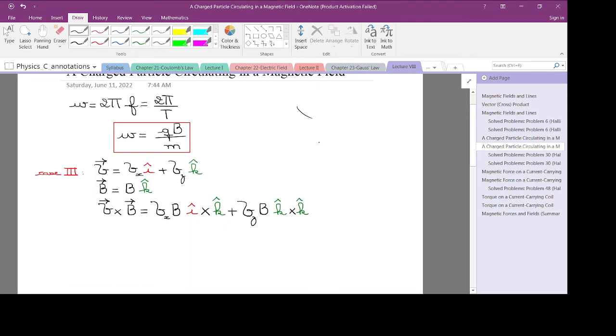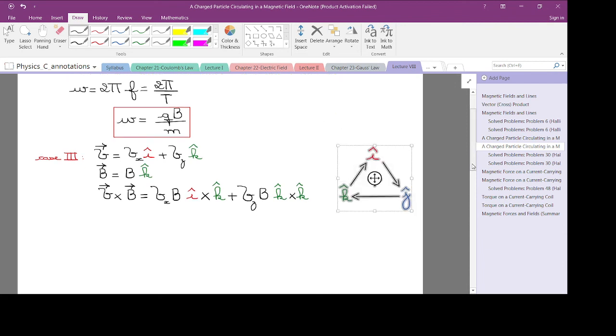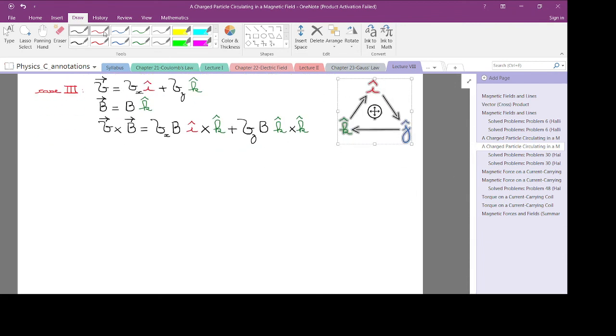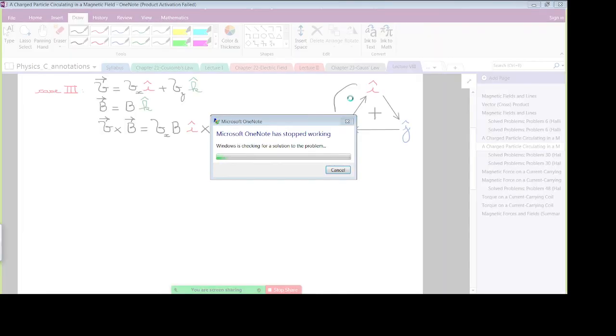Okay, let's put this here. So this one is going to be 0. This one is 0, and this i times the vector product.